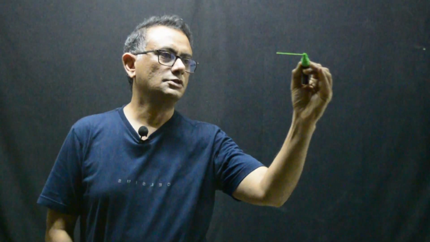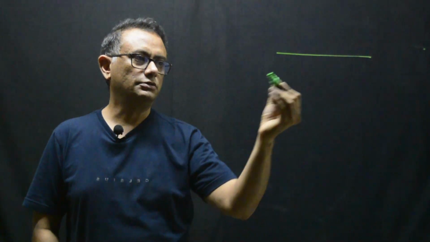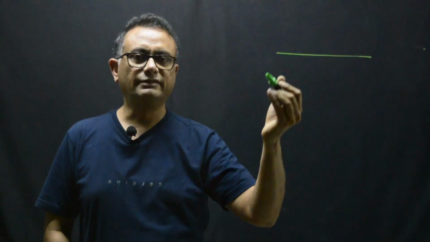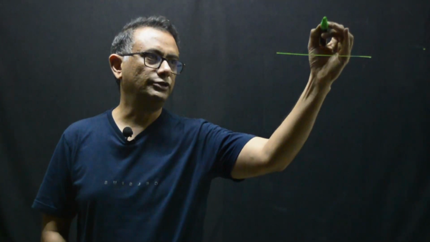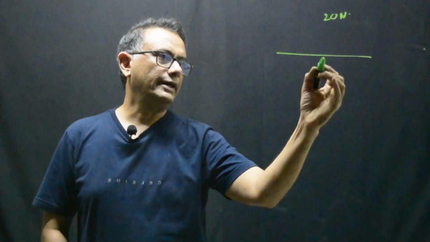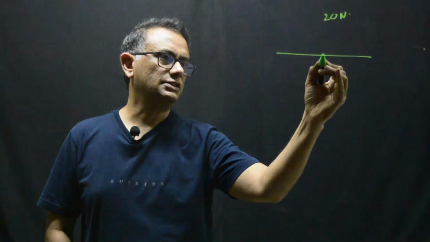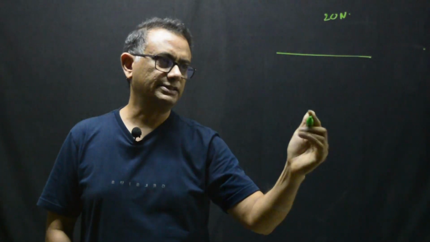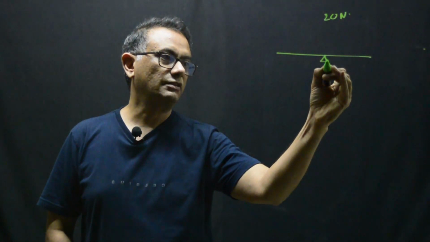There are some problems in this topic where they'll ask us to find the reaction. So we need to understand what we mean by reaction, or forces of reaction. So let's take our seesaw, and let's say the weight of the seesaw is 20 Newton. Assume it's a uniform seesaw, so the weight will act at the center, and at the center we have this pivot.